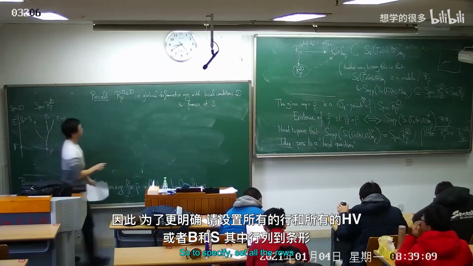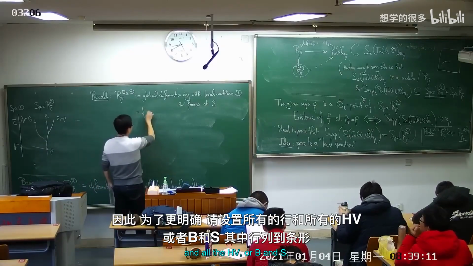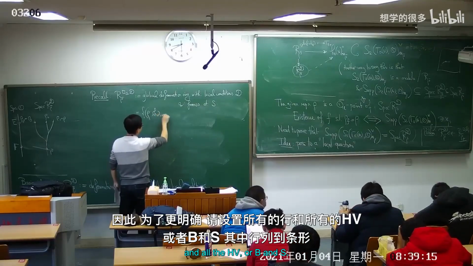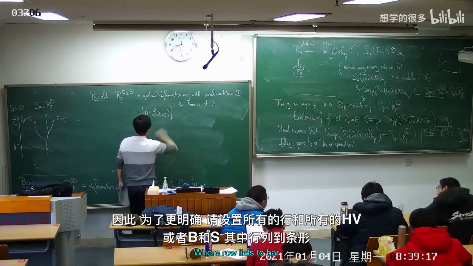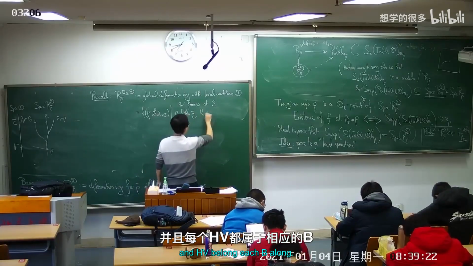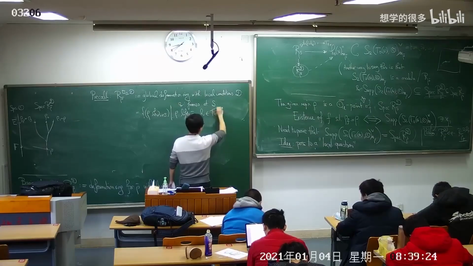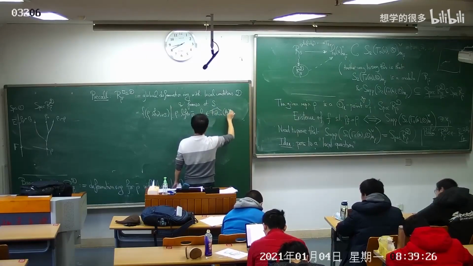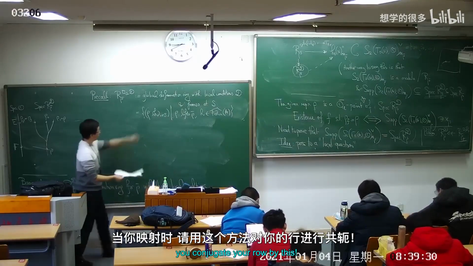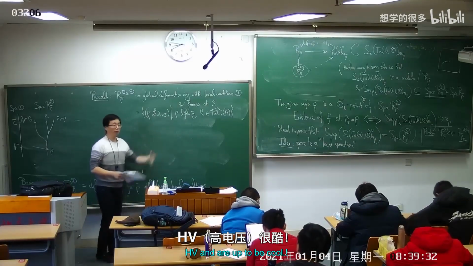We discussed this thing. It's basically the set of all the rho and all the h_v for v in S, where rho lifts rho bar and h_v belongs to the lifts of the trivial matrix. Then when you map, you conjugate your rho by this h_v, up to equivalence.